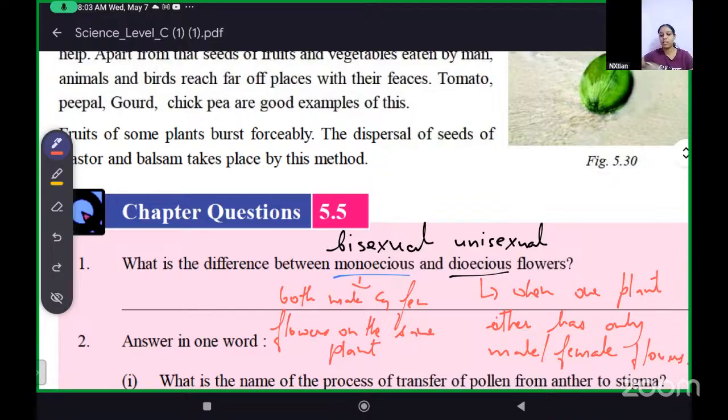Okay. So that is known as monoecious and dioecious. These are new terms about the flowers. So you can learn the two terms. Monoecious and dioecious. Meaning is same. Monoecious is bisexual plants and dioecious is unisexual plants.